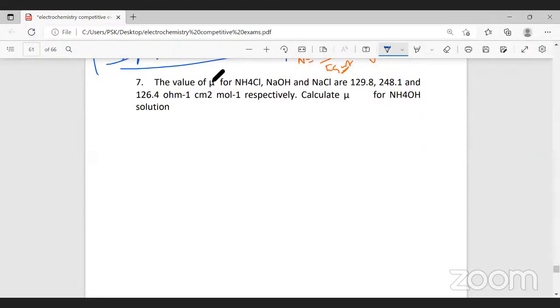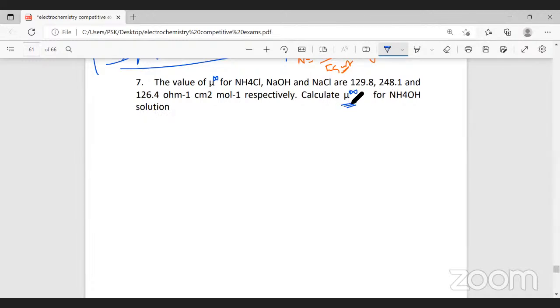See, the value of mu infinity, that is molar infinite conductance. I was not able to type the infinity symbol, so this also is infinity here. So the value of mu infinity for ammonium chloride, sodium hydroxide, and sodium chloride are 129.8, 248.1, and 126.4 ohm inverse centimeter square per mole, respectively.